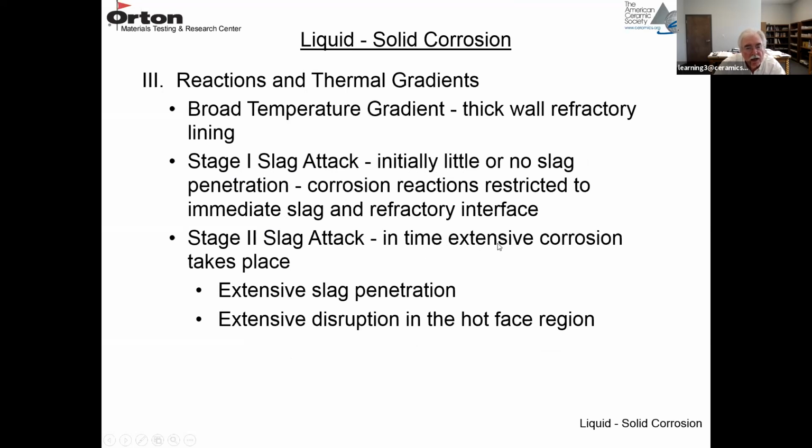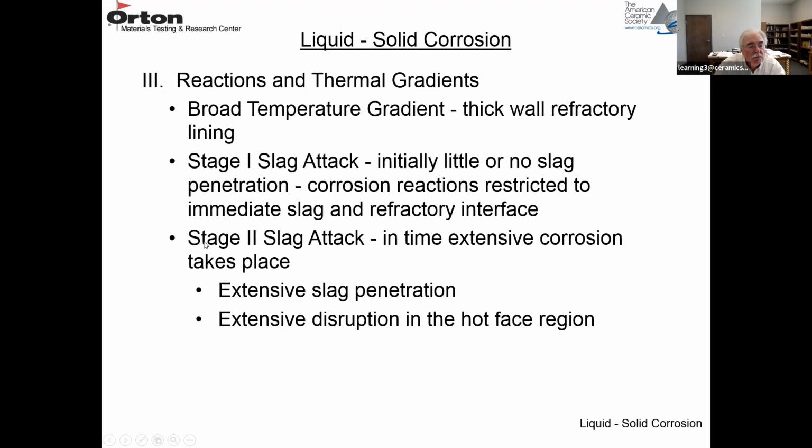But over time, because the thermal gradient is very broad and the freeze plane is farther behind the hot phase, you go into stage 2 slag attack, where you have more extensive corrosion. You have extensive slag penetration. Reactions are taking place at the refractory hot phase, and you're now disrupting the microstructure of the hot phase.